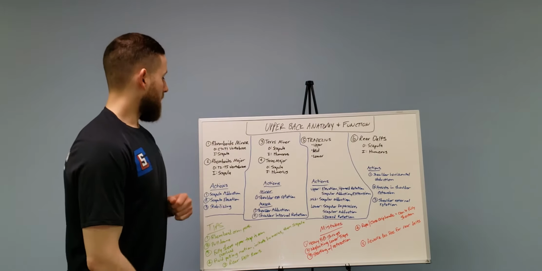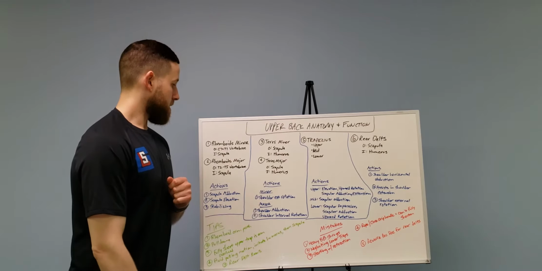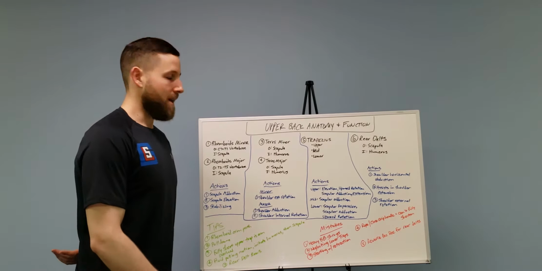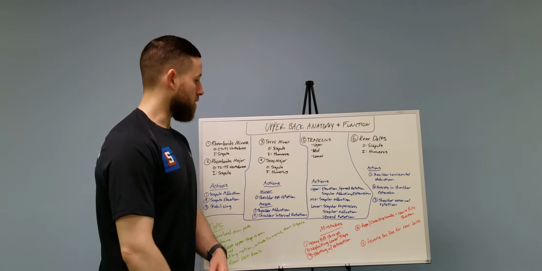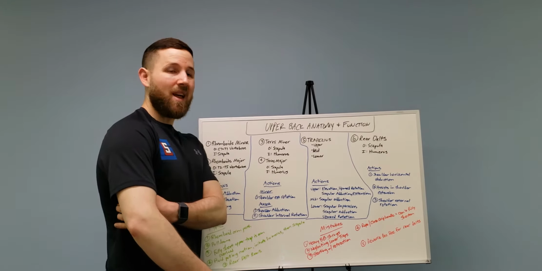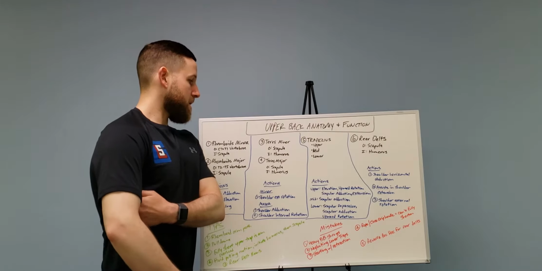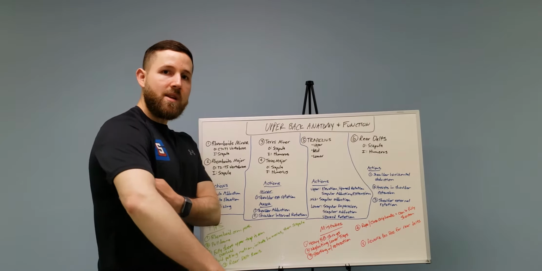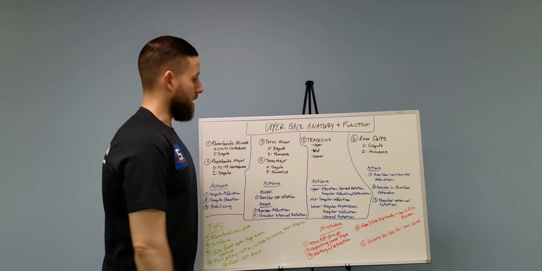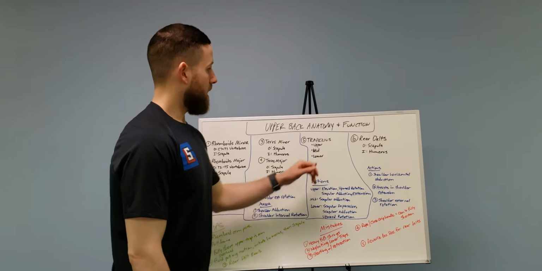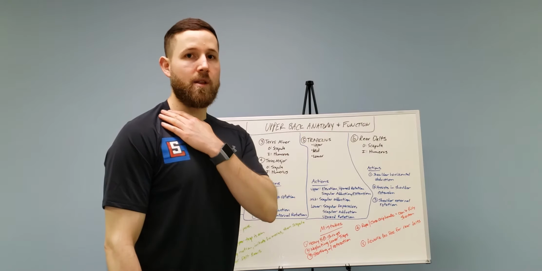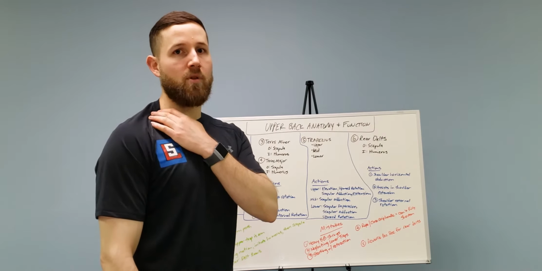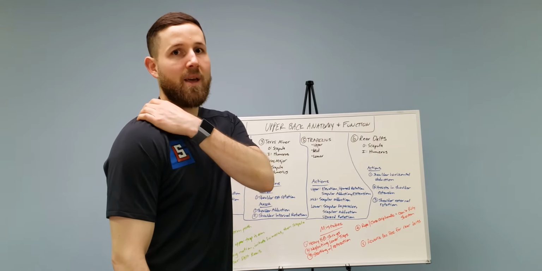So we have our Rhomboid Minor and Rhomboid Major, solidly attached along the spine and then the scapula. The Teres Minor and Teres Major, which lie just above the lats here, attach on the humerus and originate at the scapula. Then we have our trapezius muscles. A lot of people think of the upper traps, which lie on top.